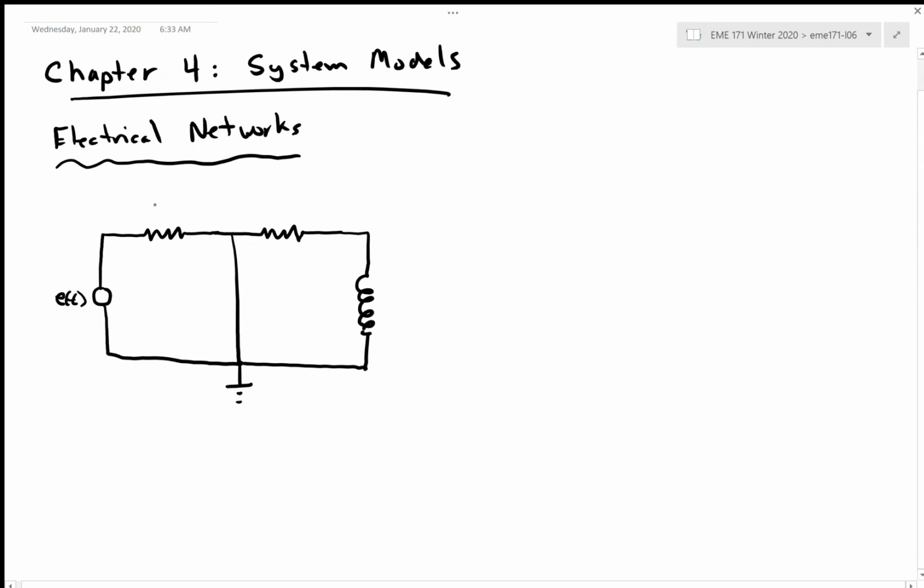And then I'm going to have a resistor that I'll label R1 in this circuit, and a resistor labeled R2. This curly thing is an inductor, as we have mentioned, and I'll call that a linear inductor with coefficient L. And then this middle line, I forgot, I want to add a capacitor with coefficient C. Okay, and then the bottom symbol here is the ground, or the negative side of the circuit.